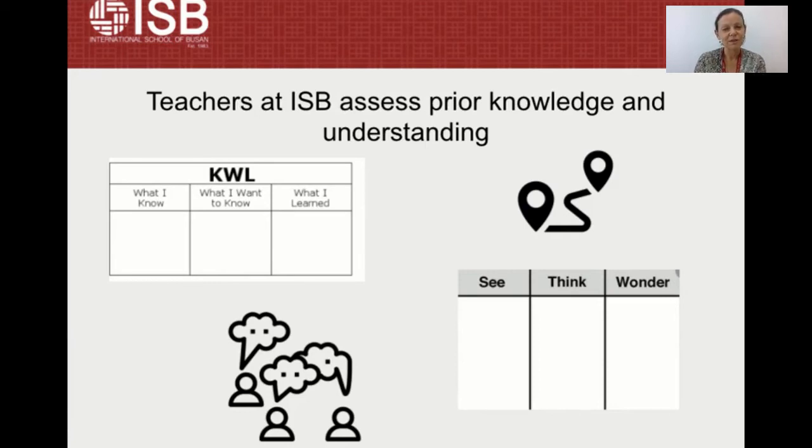Sometimes it might be through discussion. Maybe it's a hands-on activity. But knowing where to start helps guide our teaching. And there's nothing more frustrating than sitting through lessons and teachers presenting things that are already known and understood. So this really helps us plan very dynamic lessons and very well-pitched lessons for our students.